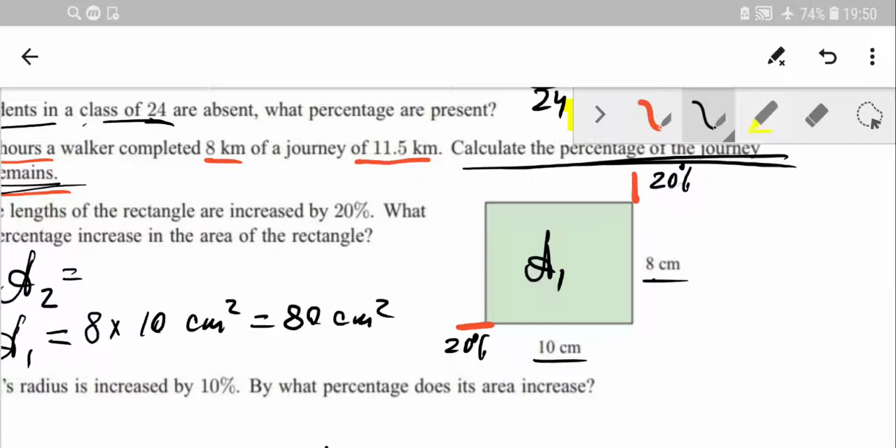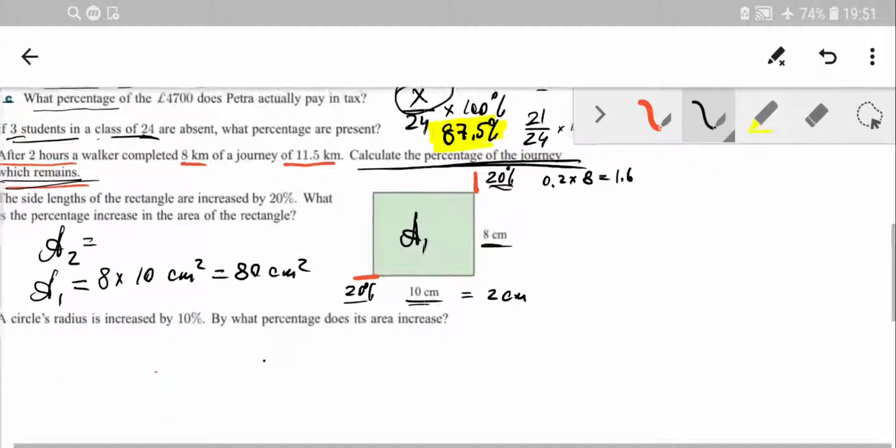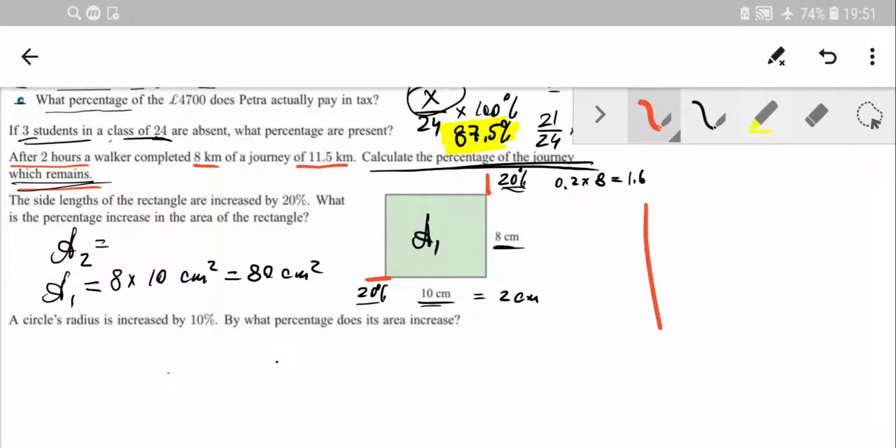In order to calculate how much in units of length, you simply need to calculate 20% of 8 and 20% of 10. It's very easy. 0.2 by 8, that's 20% of 8, it's 1.6. And here 20% of 10, so I don't write just the final answer, in centimeters. So it means the final square should look like the following.